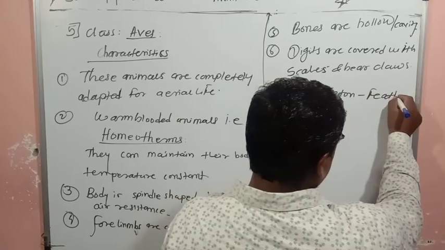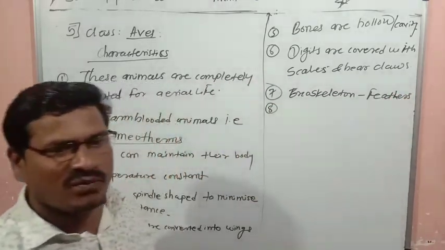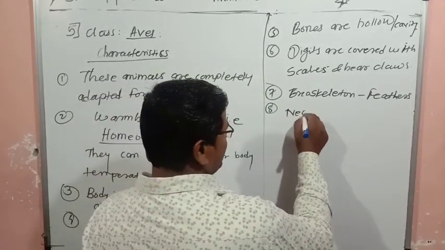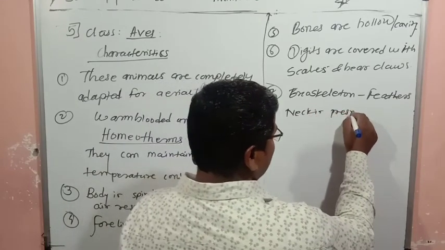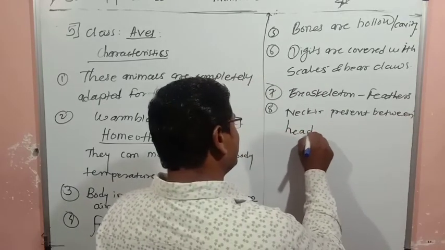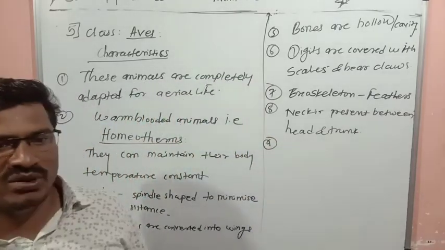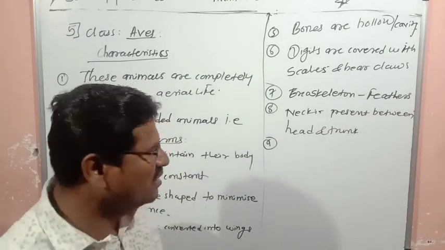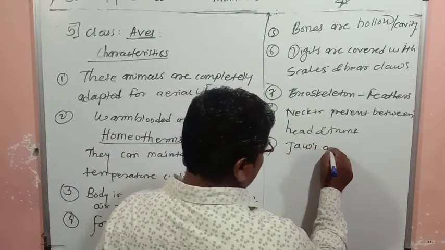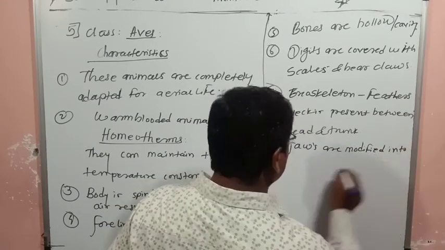Eighth one is that a neck is present between head and trunk. And the ninth one, the last one, is that jaws are modified into a beak.